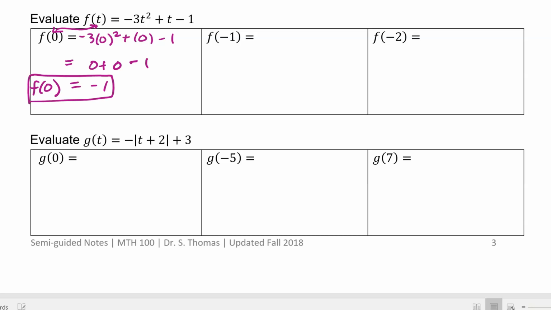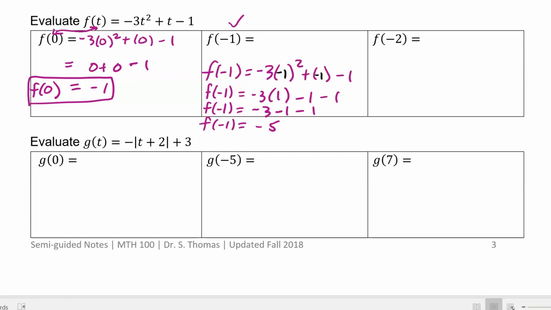What I want you to do is pause the video and try f of -1. If you ended up getting -5 as your answer, then you are absolutely correct.